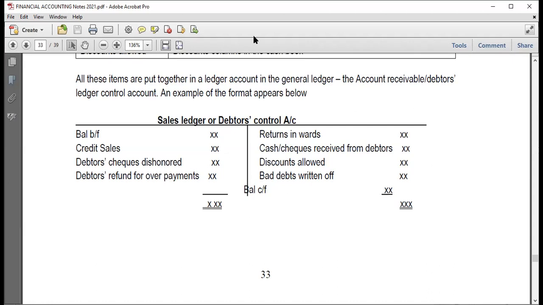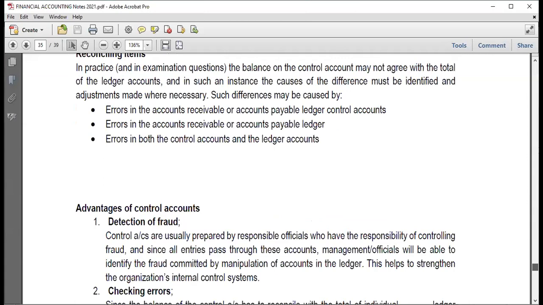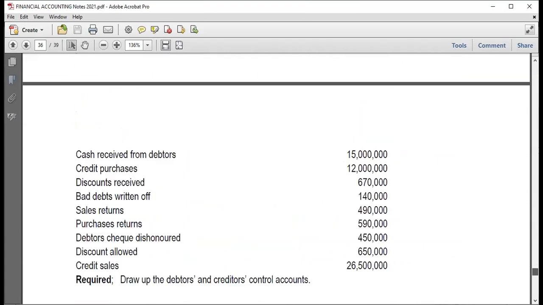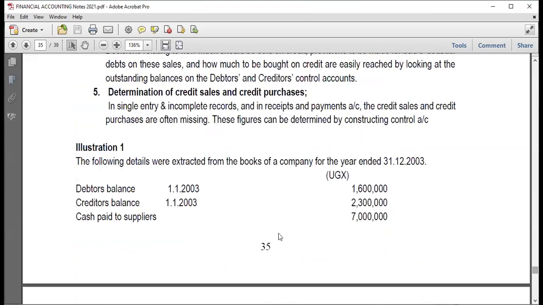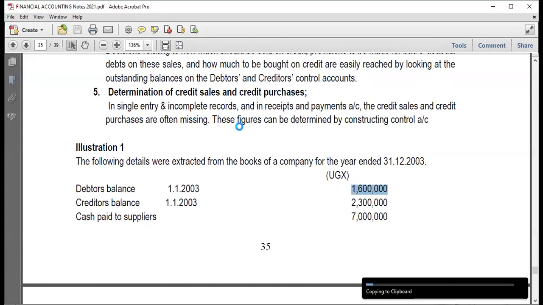So what I'm going to basically do, similar to that, I'm just going to come here to my question. So this is my debtors balance. This is my balance brought down, the 1.6. Sorry, I think it's freezing a little somehow.